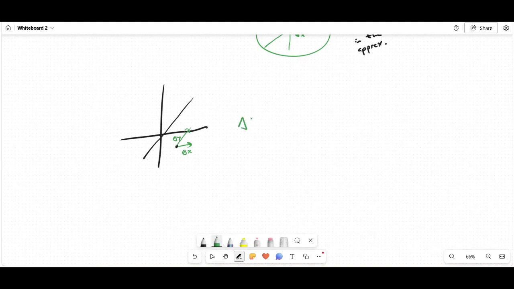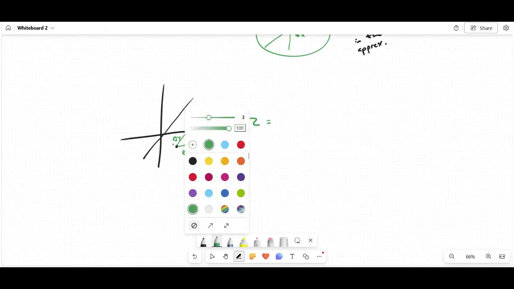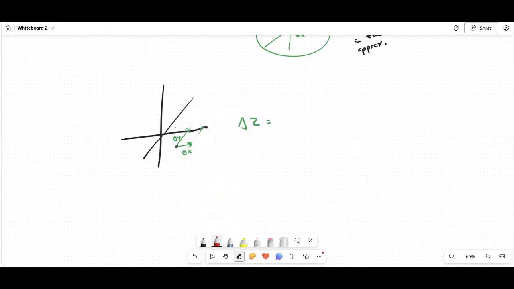And this will give rise to a change in z, a delta z. So let's say this gives us this new point here. We're over there now. And maybe the function started off at this value, but as we went from here to here, the function went up to some other value.